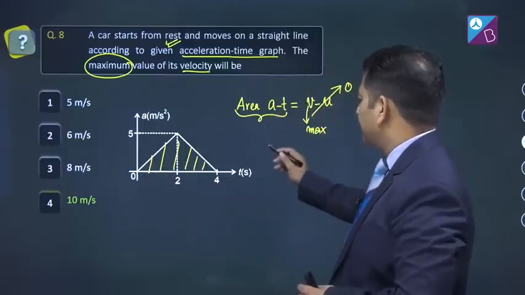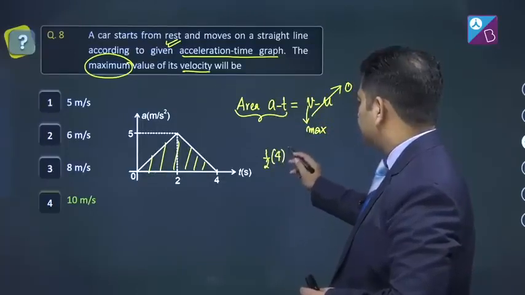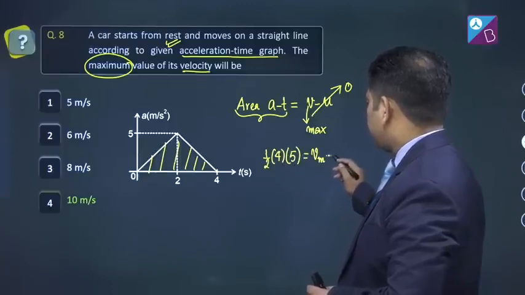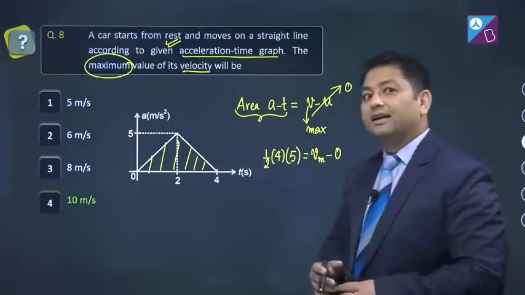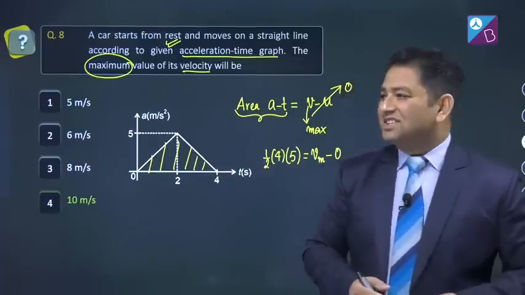So area maximum 0 to 4, that's a triangle, half base multiplied by height, and that is V max minus 0. So of course 10 meter per second. All right, let's go to the next one.